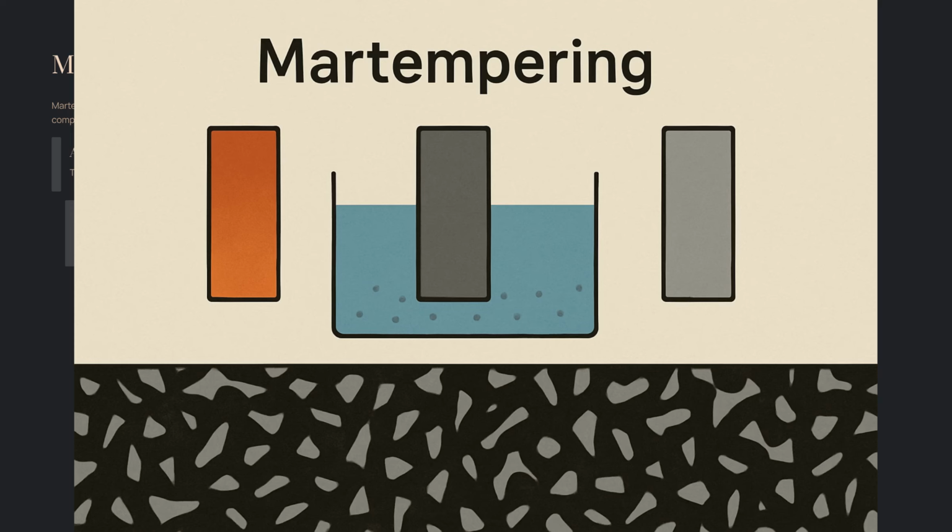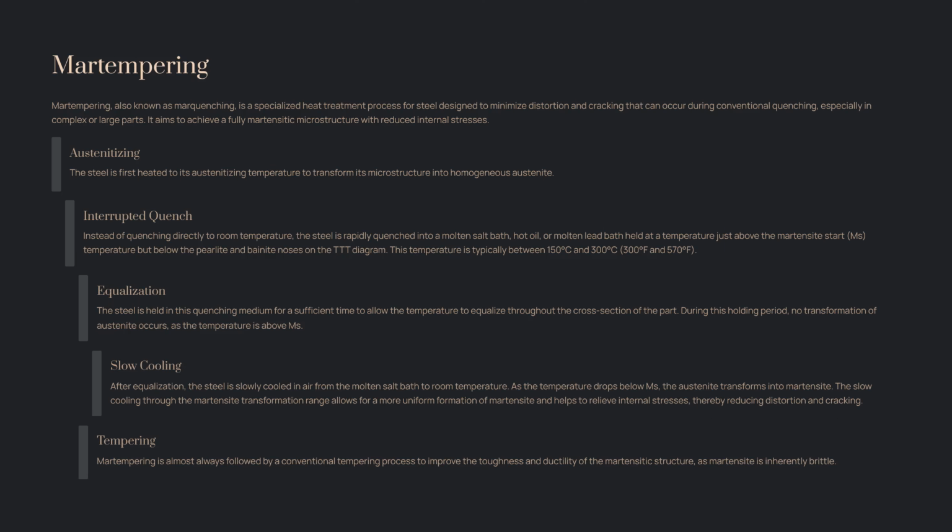Applications. Martempering is commonly used for tool steels, dies, gears, and other precision components, where dimensional stability and minimal distortion are critical. Key characteristics. Purpose: minimize distortion and cracking during hardening, achieve martensitic microstructure with reduced internal stresses.